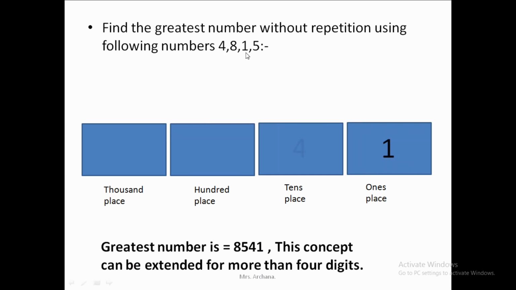Next greater is 4, next greater is 5, next greater is 8. So which number we got? Largest number 8, 5, 4, 1, that is 8541.